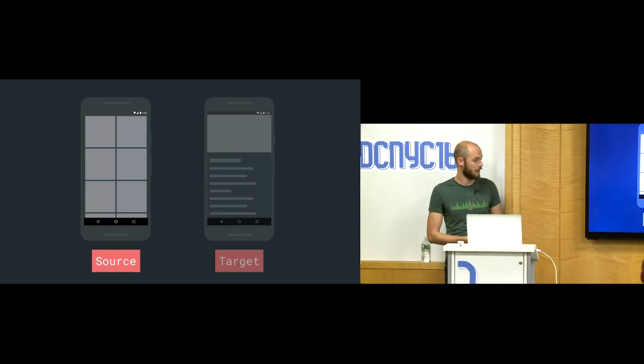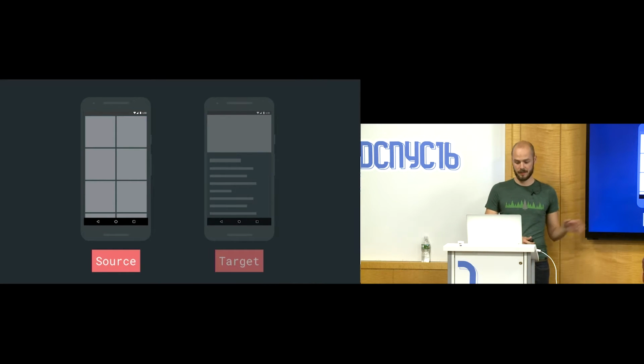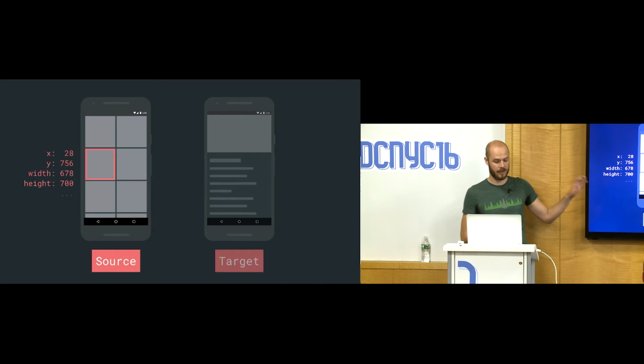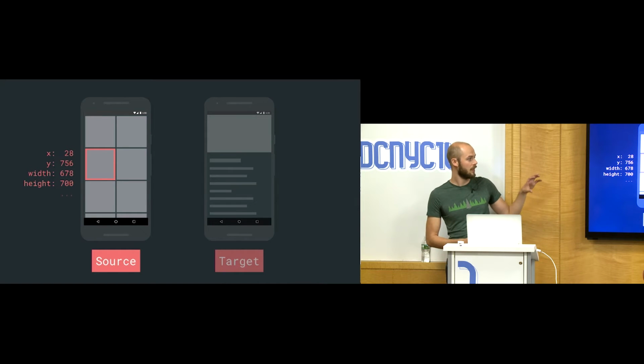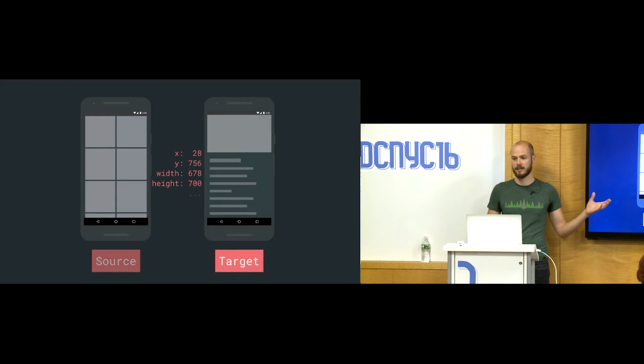Let's take a look at how a shared element transition works in the first place. You take a look at the source activity and the view that has been clicked; the bounds of that, as well as a bit more information, are passed through to the target activity. Then the Android framework looks for a view that matches the transition name. I'll come back to that later.